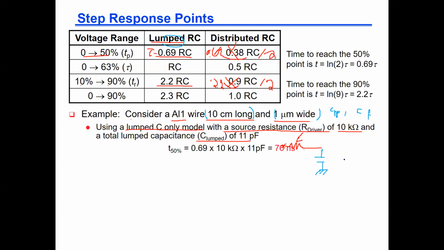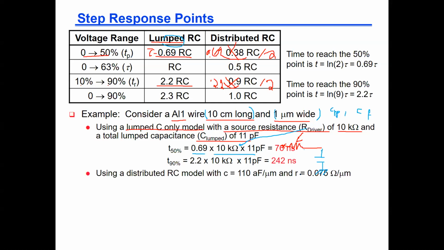So he calculates the total delay as 0.69 times R driver times the capacitance. Now the second assumption, he also finds T 10 to 90%, so the rise time, and he calculates it.